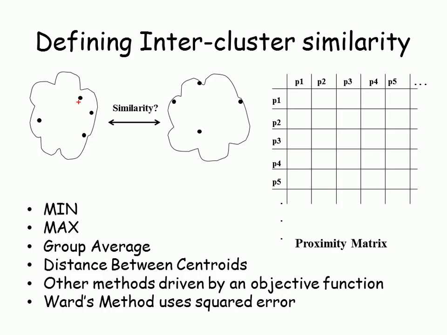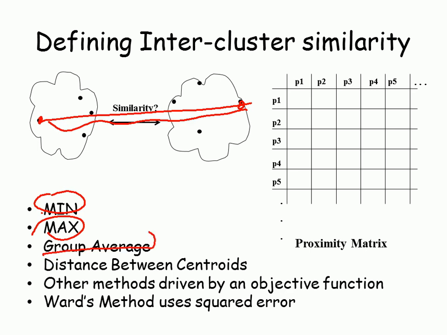So one definition or one method we could use is to find the minimum distance between the two clusters and use that as the new distance value. The other is the maximum. So look at the two clusters, find the two points that are farthest away from each other, and use that distance to define the distance between the two clusters. You could do group average, which is the most commonly used one.